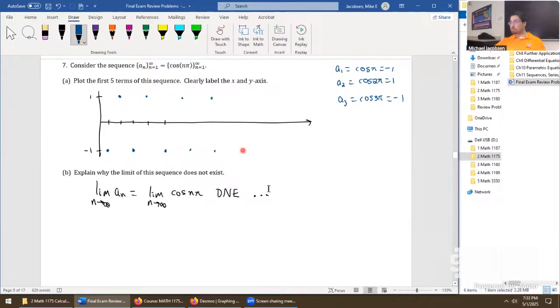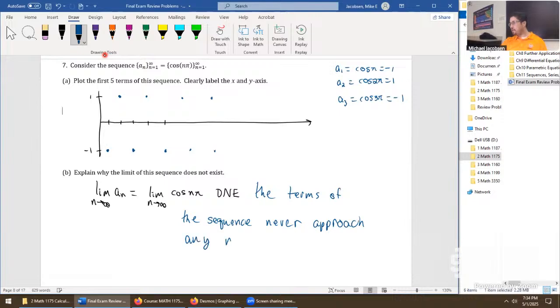But as it's written, we'll say it does not exist because the terms of the sequence never approach any number. It never settles down to, say, a limit of 1, 0, or otherwise. We're always just separated out in those terms.